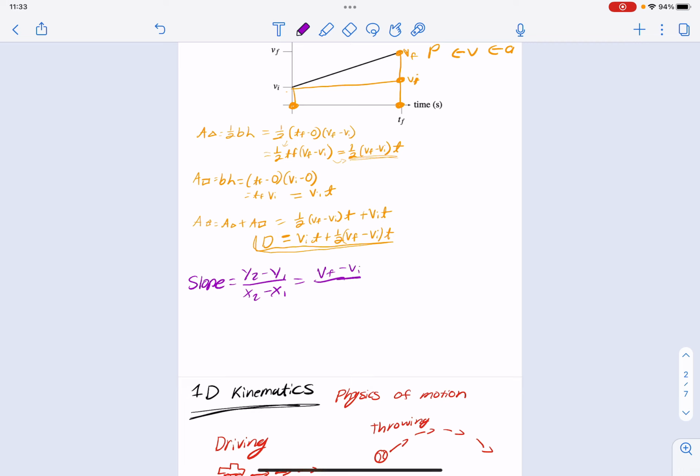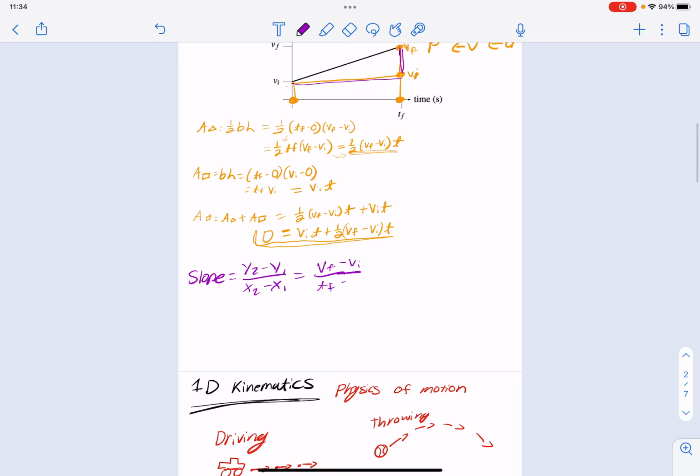And then our run would be time final minus 0. So that means that our acceleration is v final minus v initial over time.